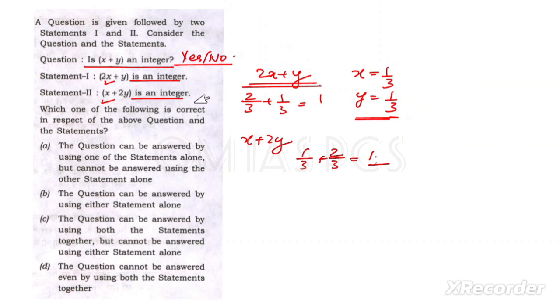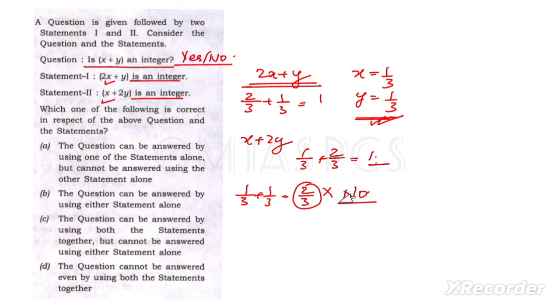But is x plus y an integer with this value? 1 by 3 plus 1 by 3 is equal to 2 by 3, this is not an integer. Clear? This is a fraction, a rational number, not an integer. So we are getting no.